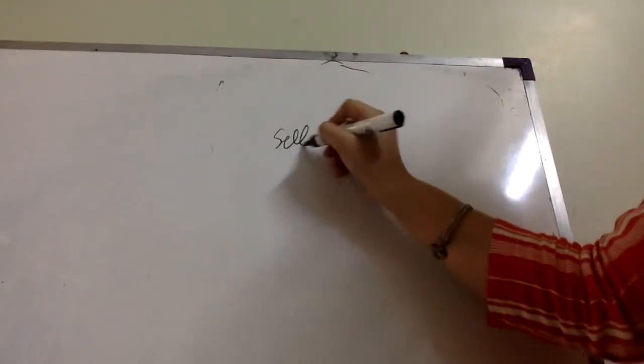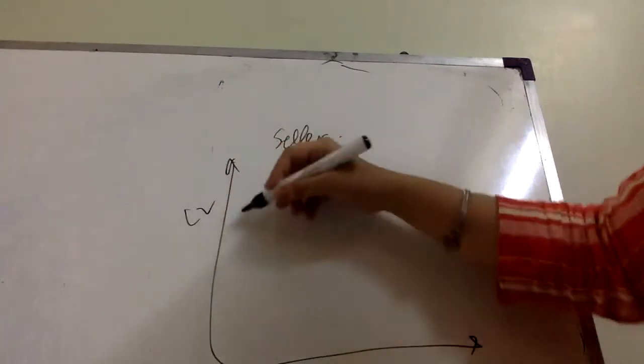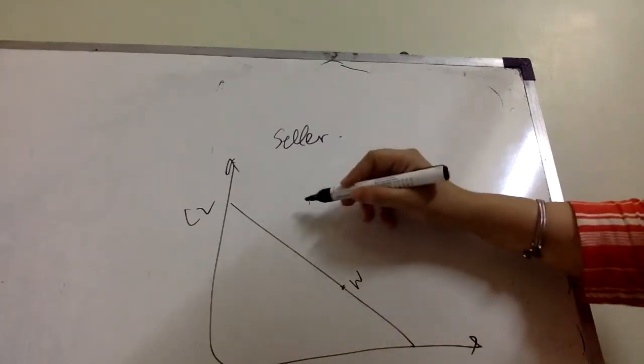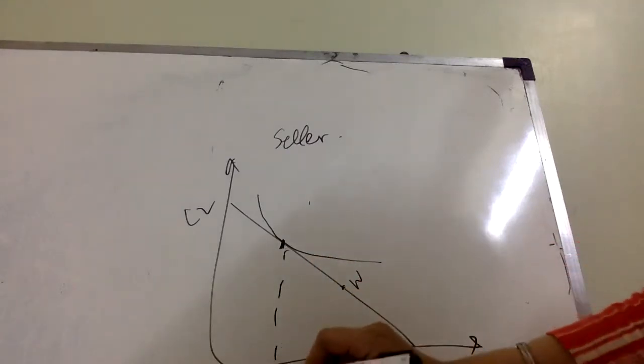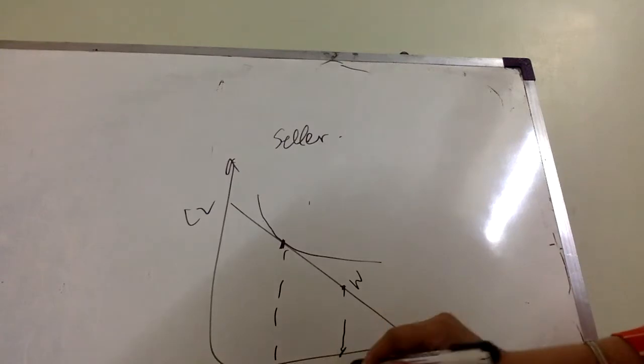So initially he is a seller, which means my endowment point will lie to the right of my consumption. So this is my consumption point and this is my endowment income.